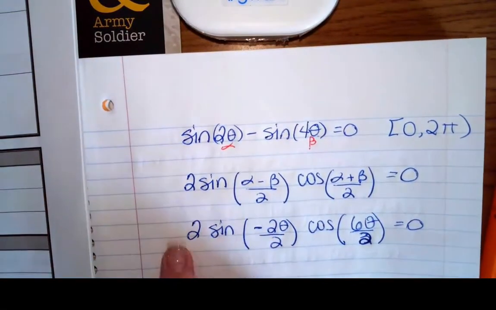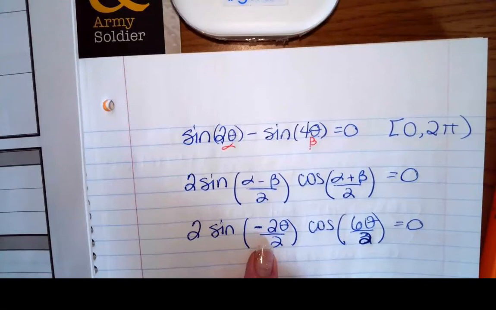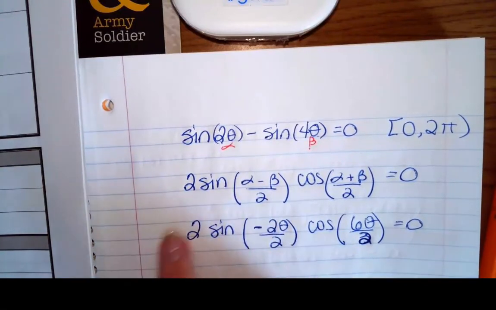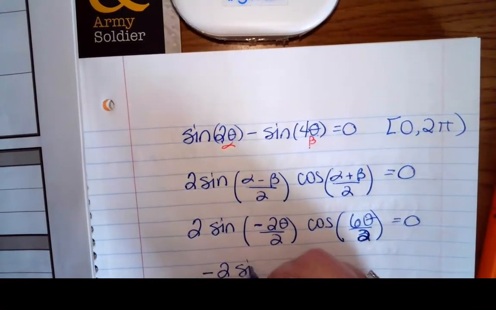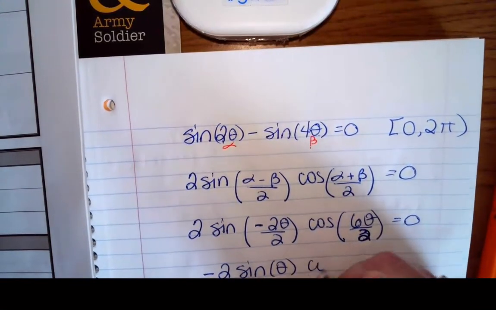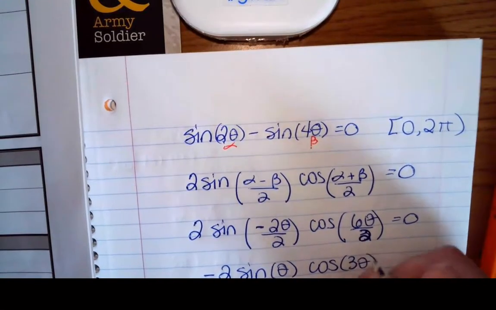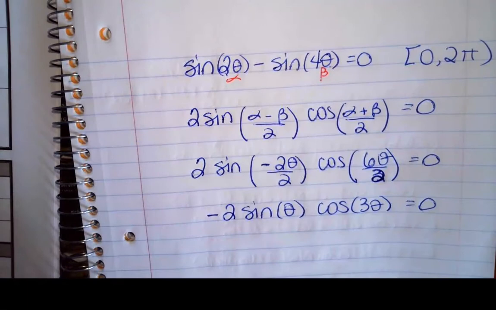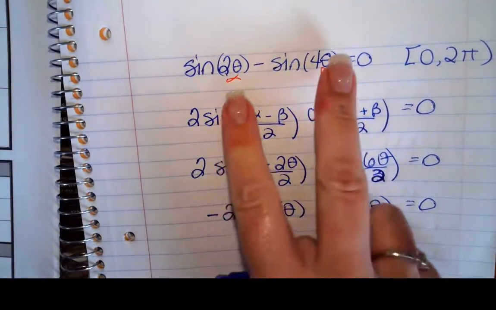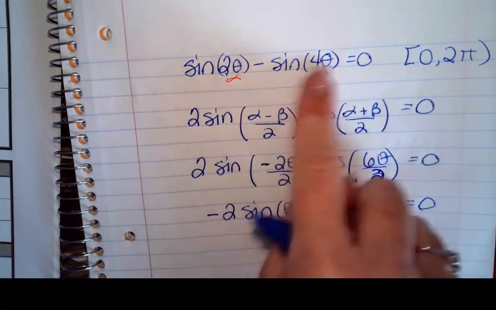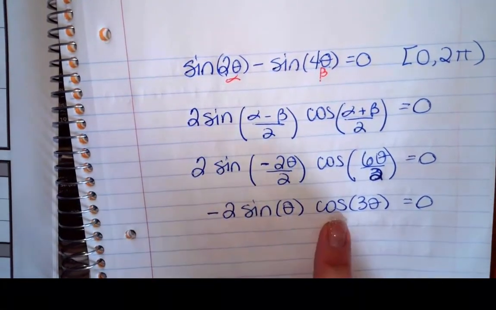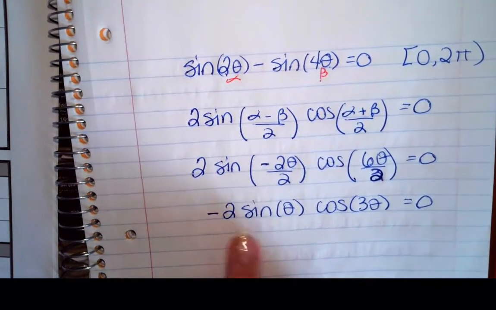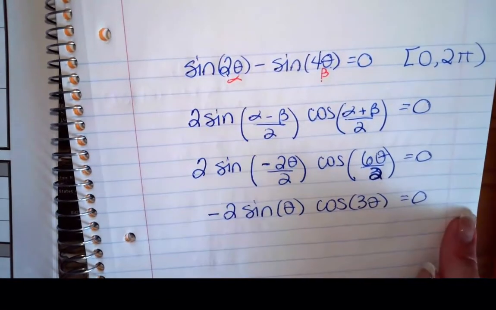Okay, so again, sine is odd. So if I change this to a positive, I have to change this to a negative. So now I've got negative 2 sine of theta times the cosine of 3 theta. What I was just talking about, if your arguments matched, that's if you've got addition or subtraction. But look, I've got negative 2 times sine times cosine equals 0, which means each one of these needs to be set equal to 0.